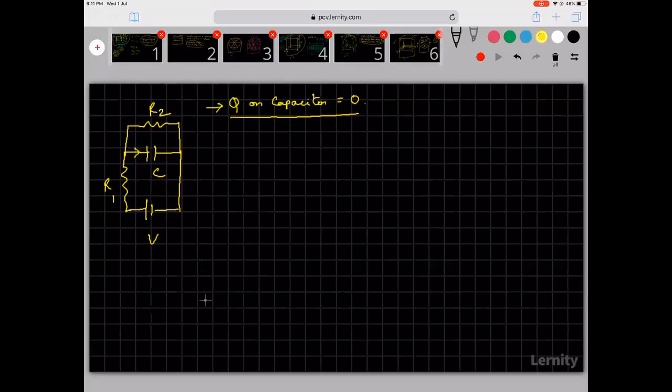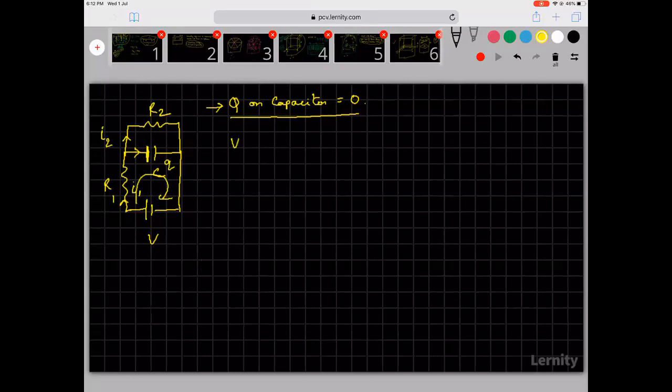Suppose the current I1 is going this way, this side will become I2, and on this side some current is going which deposits charge on this particular capacitor. So now let the charge on this particular capacitor be Q. Here I have a loop, so I can write Kirchhoff's law.